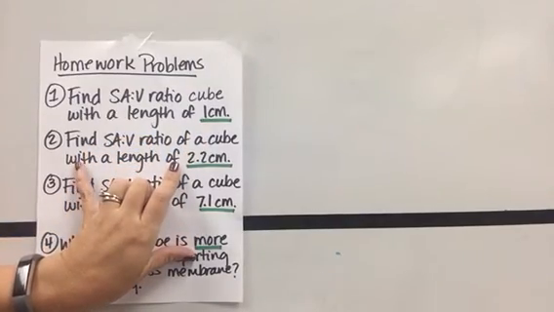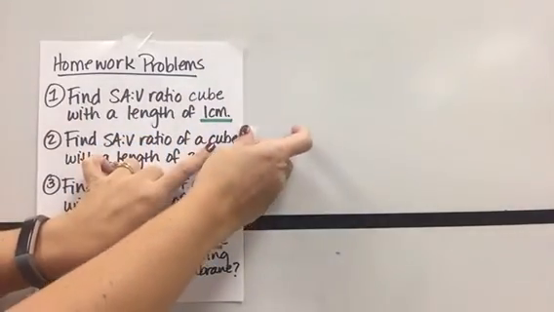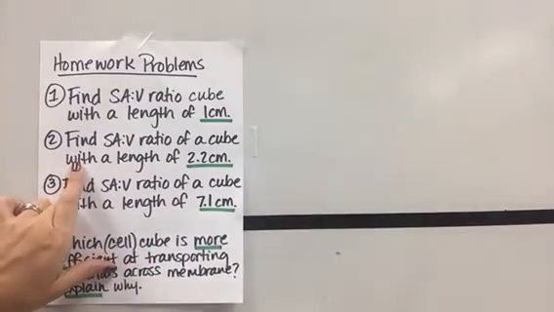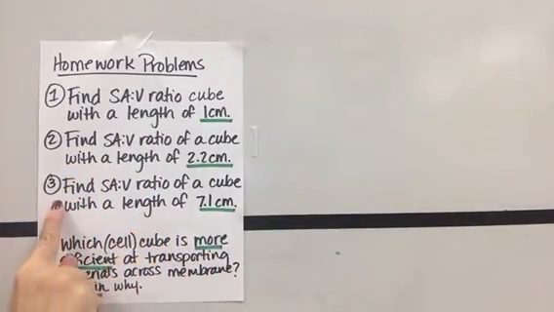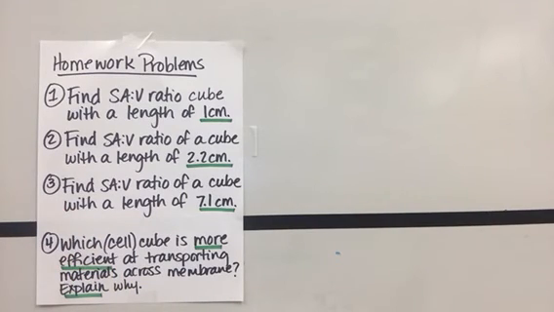Number 2, the surface area to volume ratio of a cube that has 2.2 centimeters. Number 3, find the surface area to volume ratio of a cube with a length of 7.1 centimeters. And then question 4, which cell or cube is more efficient at transporting materials across the membrane, and explain why?